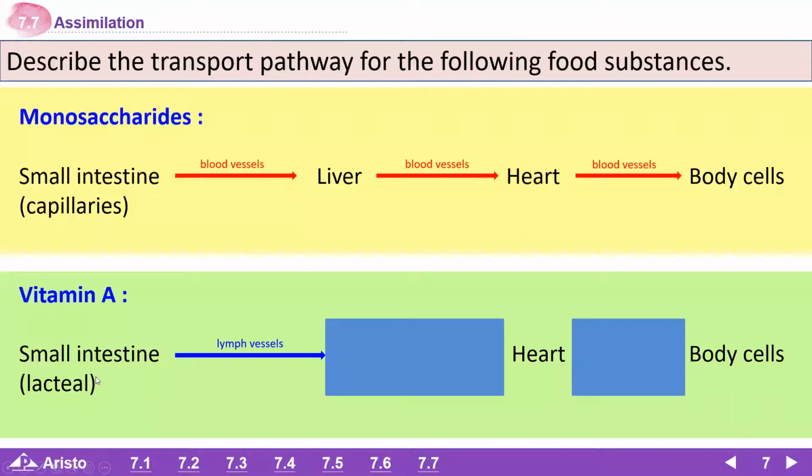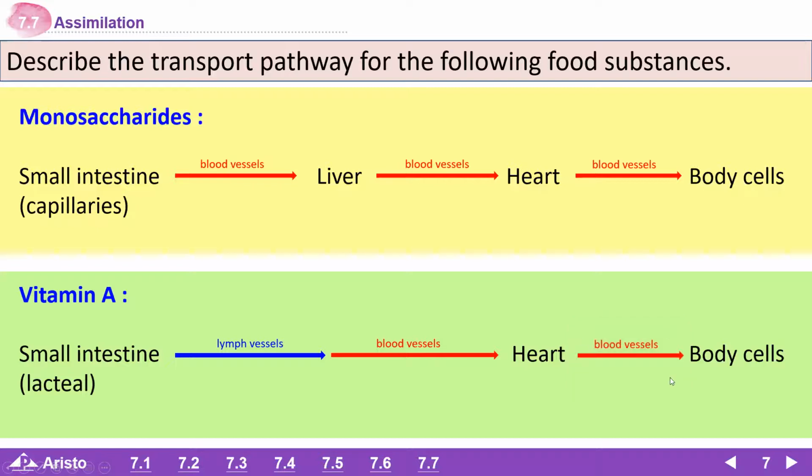In the lacteal, the vitamin A or fat-soluble substances would be transported by lymph vessels, which rejoin a blood vessel. So the vitamin A will eventually arrive at the heart. The heart pumps out the blood into the blood vessels and arrives at different body cells.